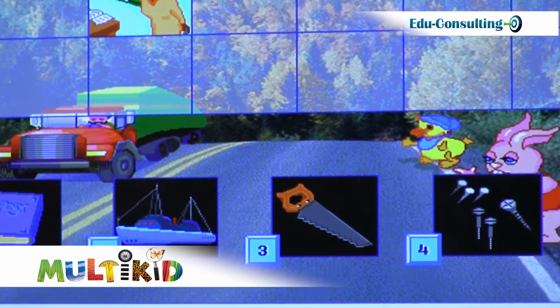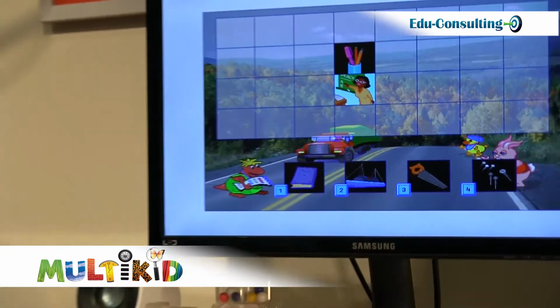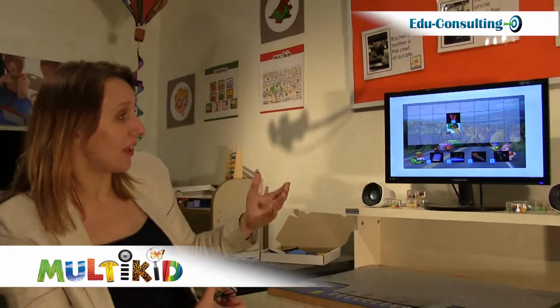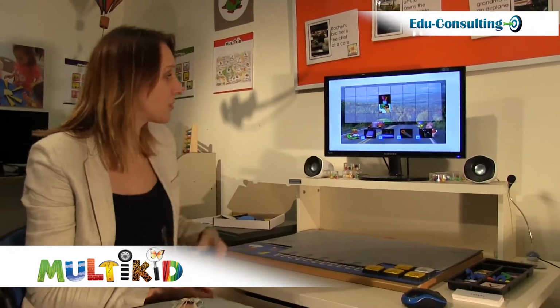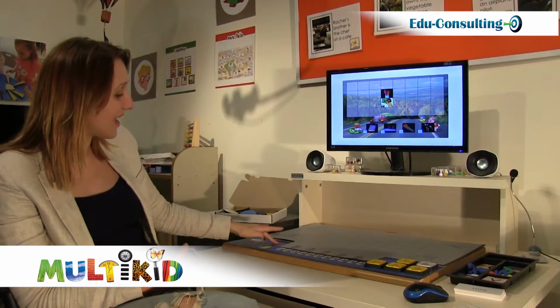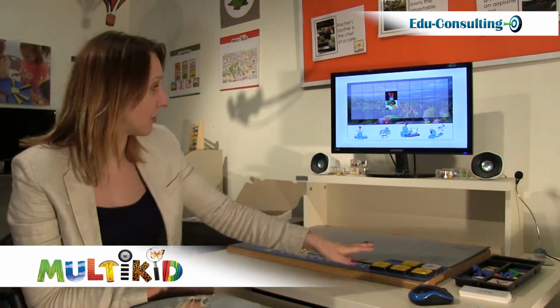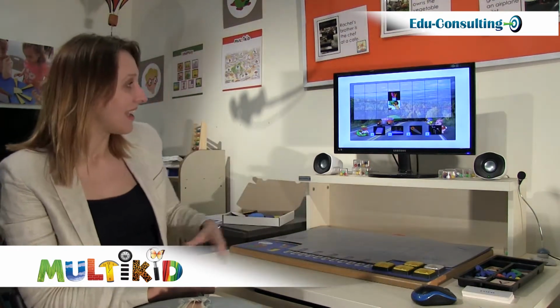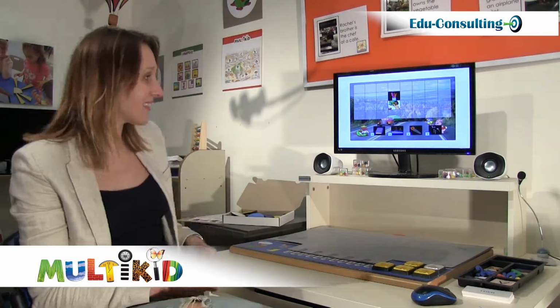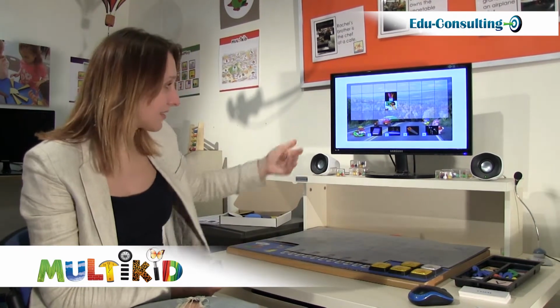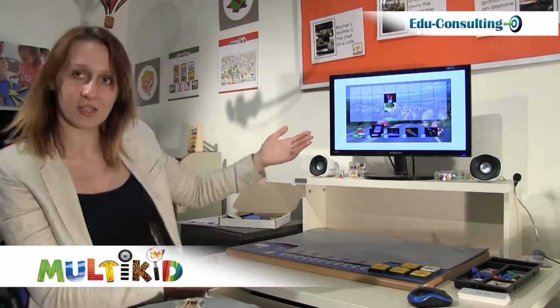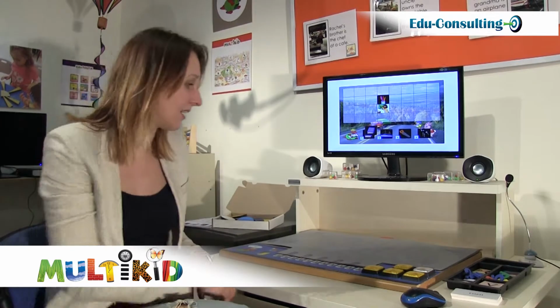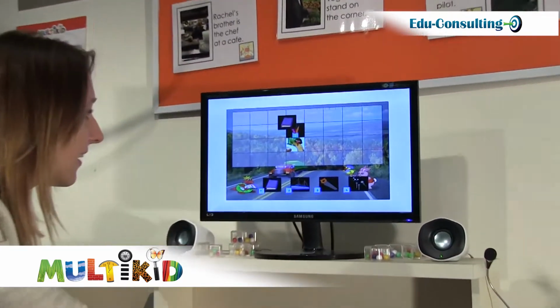For example, if I was not attentive, I didn't notice what appeared there, and I don't know in which cell I need to put my answer, I can ask for help from the computer, from the software. So I see where I need to place the card. I need to select the best answer. I believe that this is the book, because teachers use books in their profession.